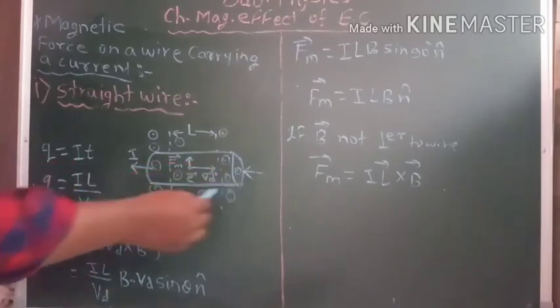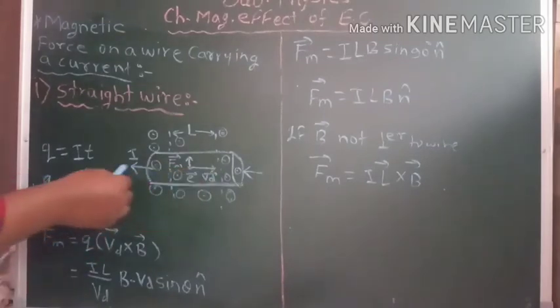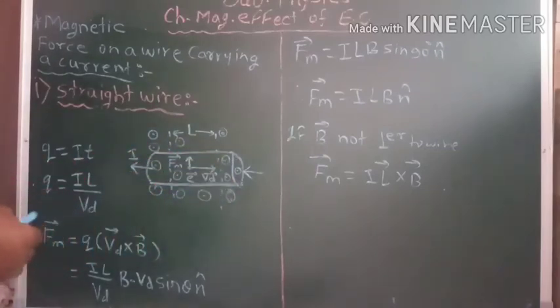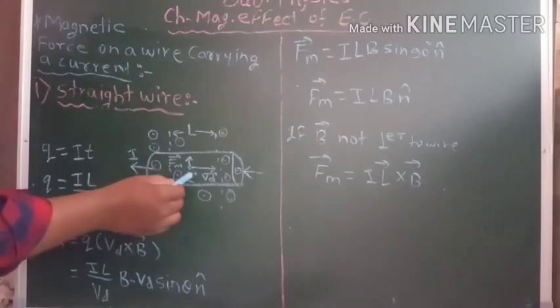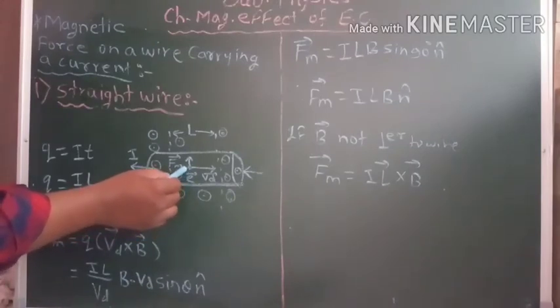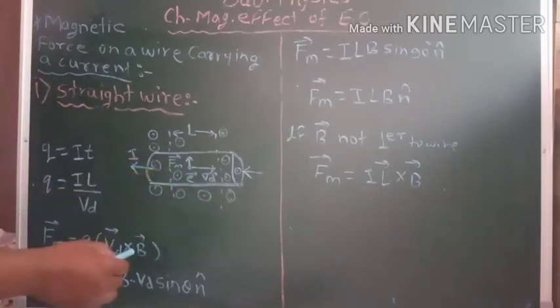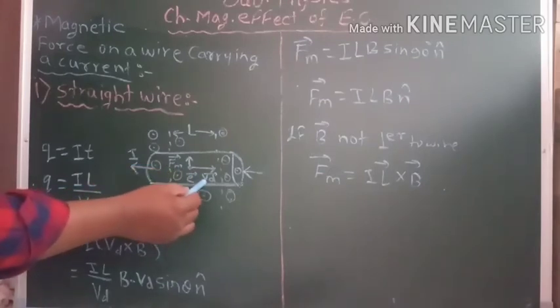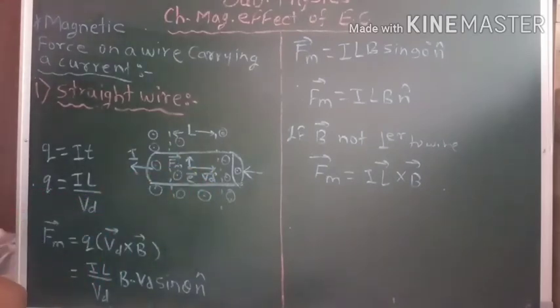In this figure we consider a piece of straight wire in which the current I is flowing and electrons are also flowing. This circle denotes an electron. For this first electron, the magnetic force Fm bar and the drift velocity Vd bar are perpendicular to each other.